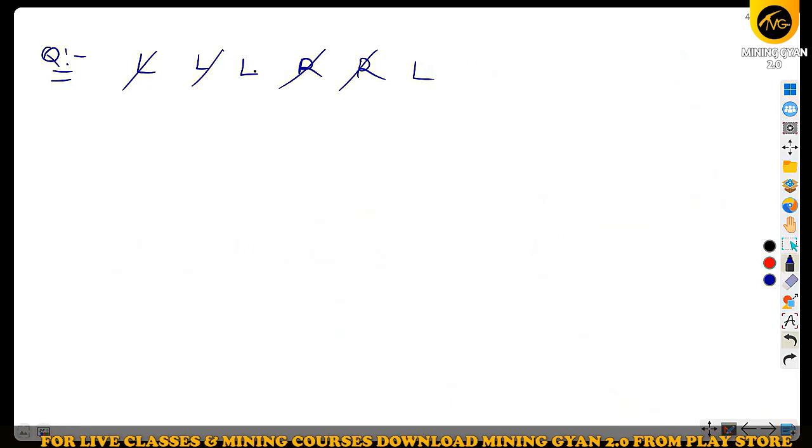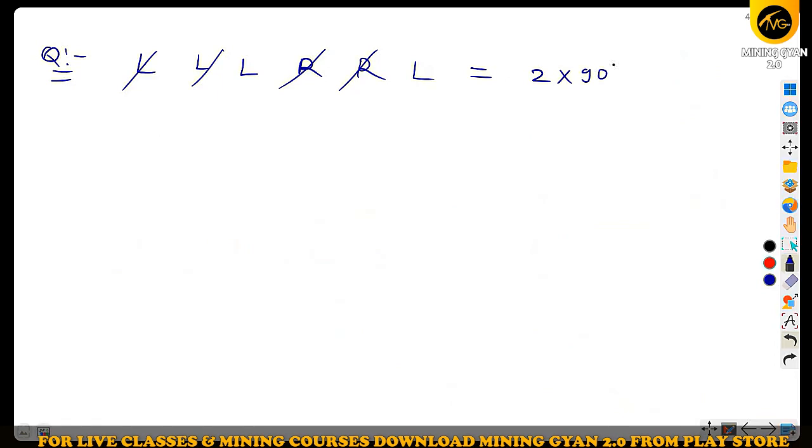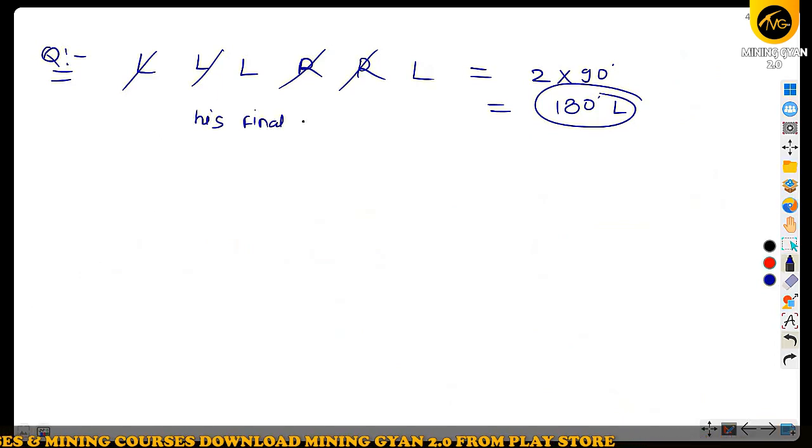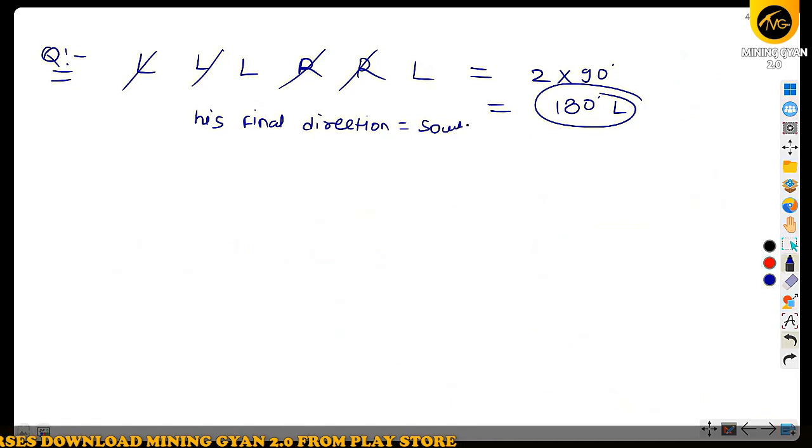Now we have two lefts, so 2 into 90 degree, and it will be 180 degree left. Suppose his final direction is south direction.